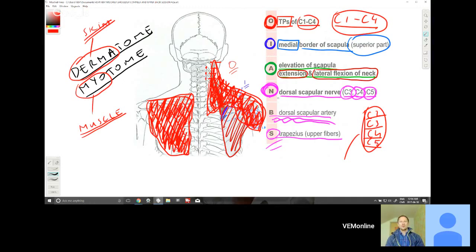Why would knowing nerves be helpful for a therapist or practitioner? Let's say somebody comes in and says, I have pain in this region. If you know dermatomes and myotomes, you know exactly what nerves are responsible for innervation of that region.